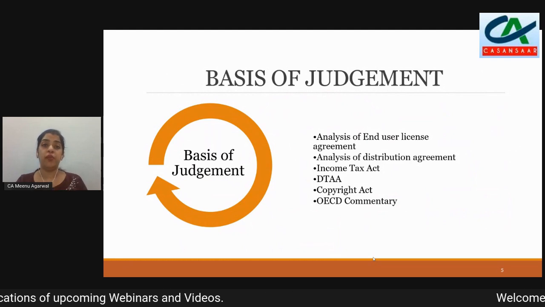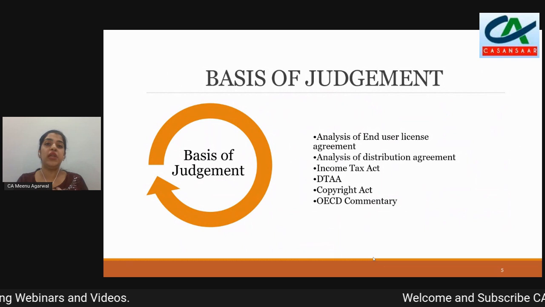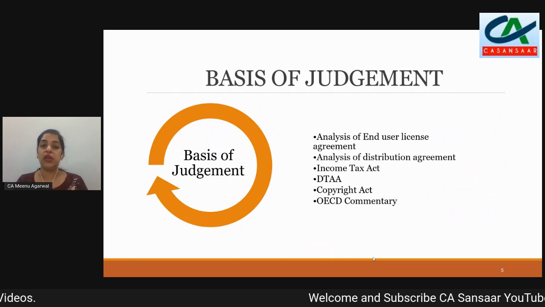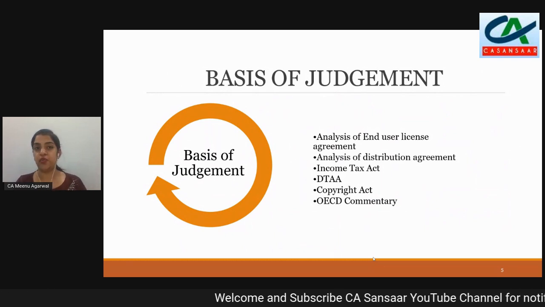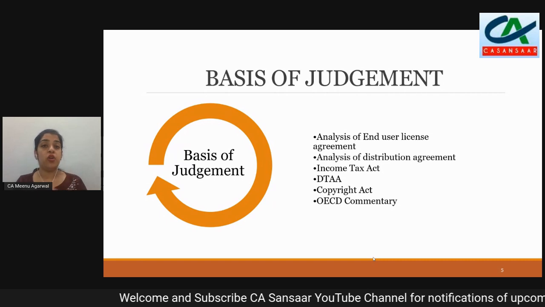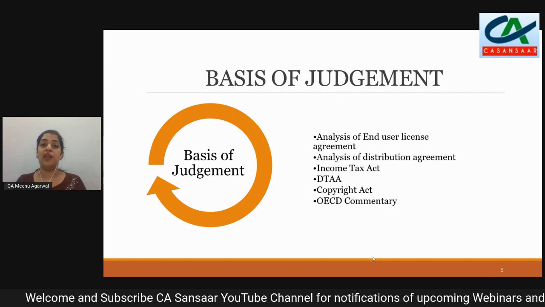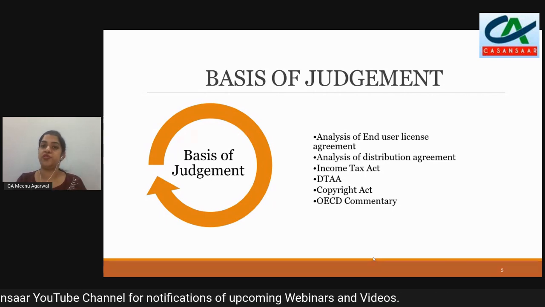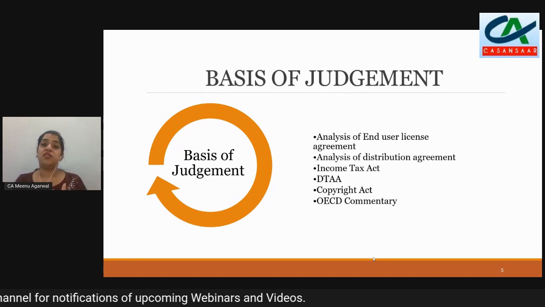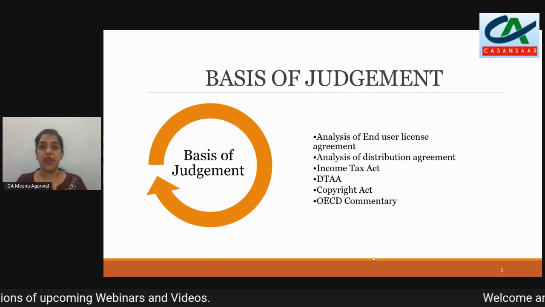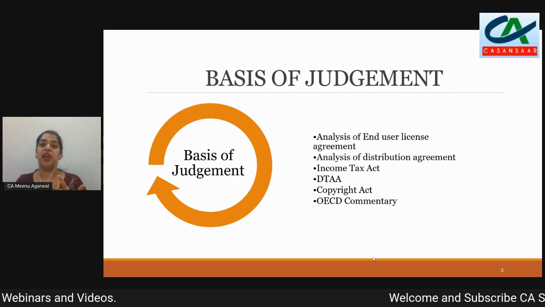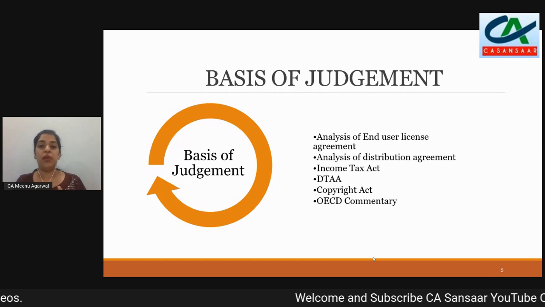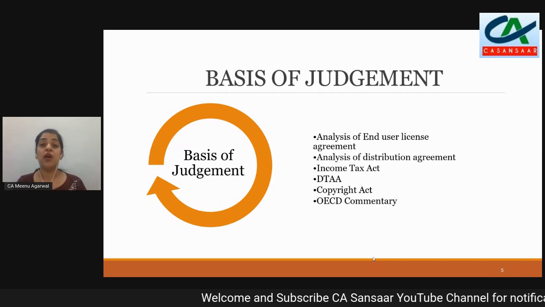The judgment by the Supreme Court was not based only on the definition of royalty as per the Income Tax Act or the Double Taxation Avoidance Agreement. The Supreme Court went on to analyze various other matters that have an impact on such transactions. The analysis was done even with respect to the Copyright Act, and the end user agreements, license agreements or distribution agreements were analyzed.